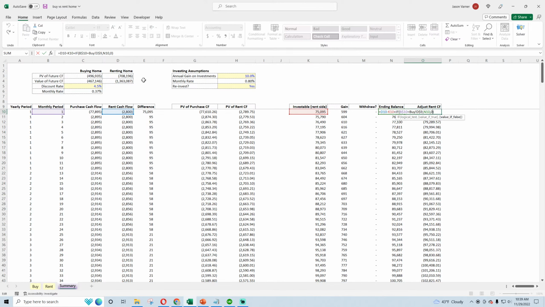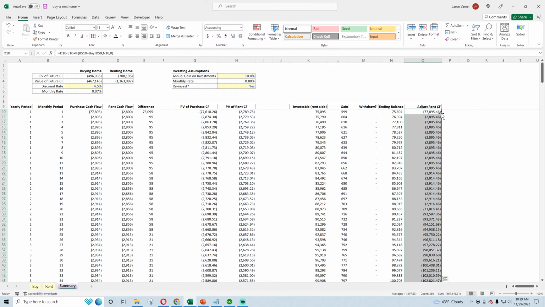D10 is the rental cash flow minus, not this, this is a beginning balance, minus this. This is what's being invested. Plus, if it's the end period, then give me the ending balance. Okay, so this just looks better. Yeah, okay. So everything's the same, except now you're investing this difference.